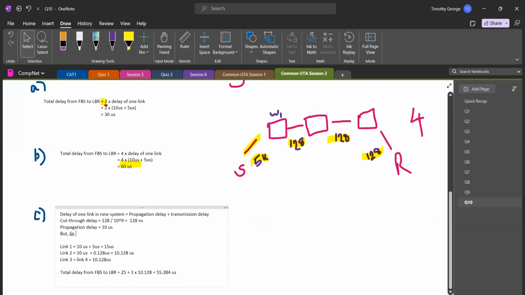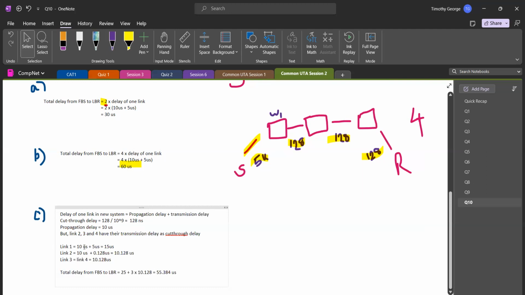But links 2, 3, and 4 have their transmission delay as cut through delay. That makes sense.